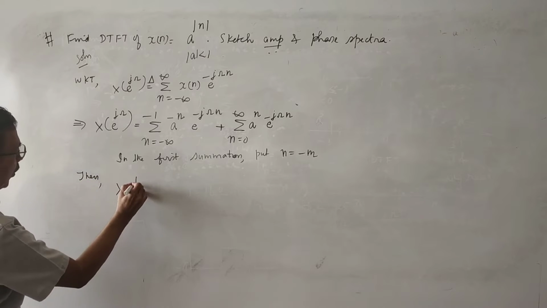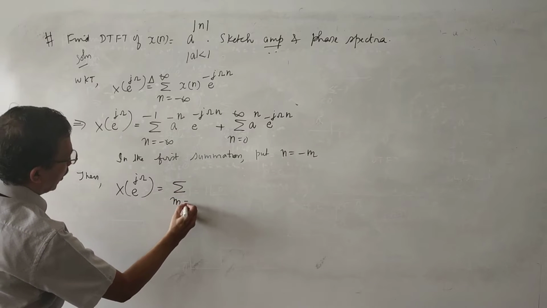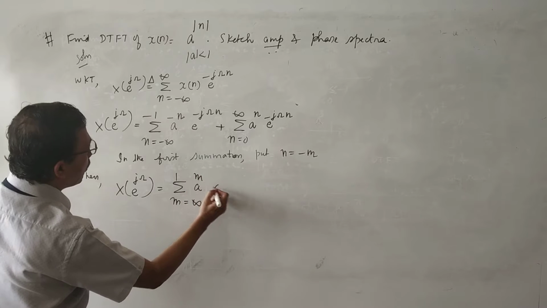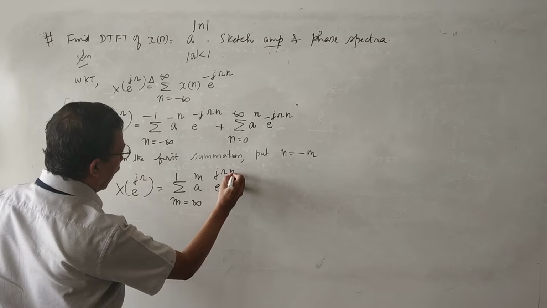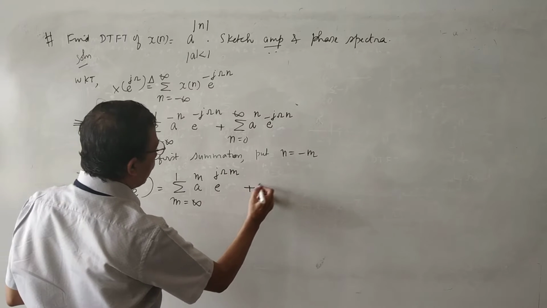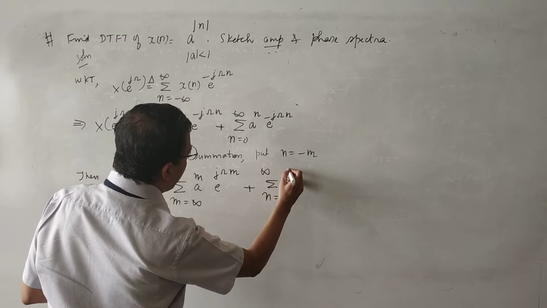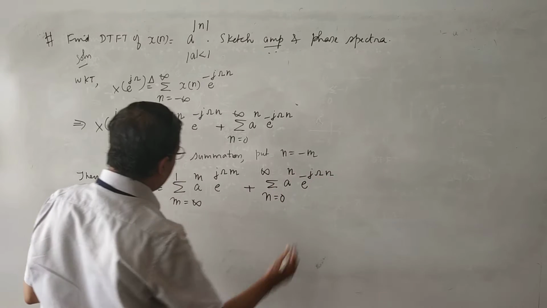X of e power j omega equals summation m equals infinity to 1 of a to the power m into e to the power j omega m, plus summation n equals 0 to infinity a to the power n e to the power minus j omega n.